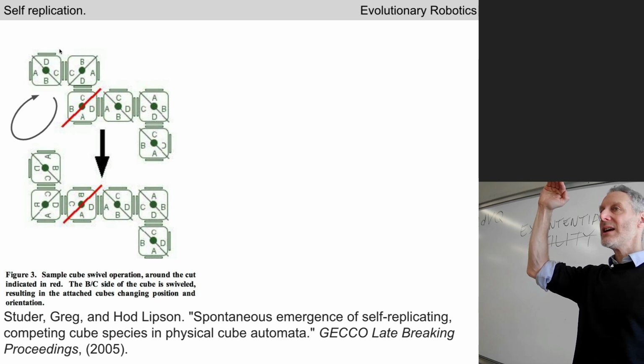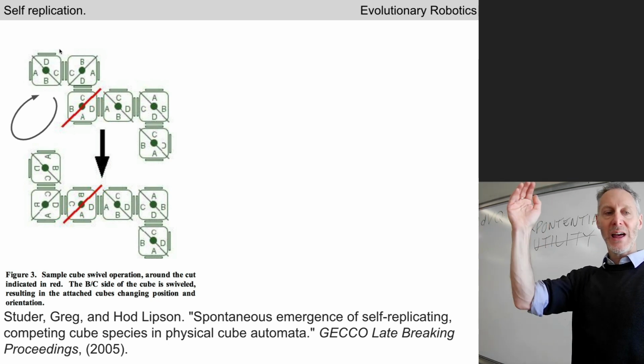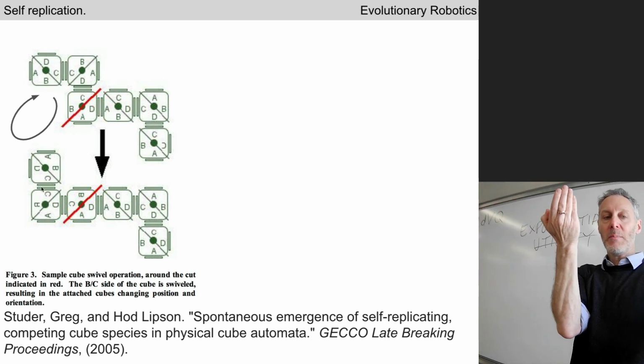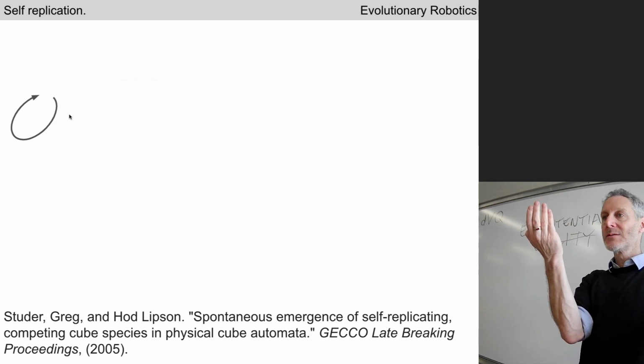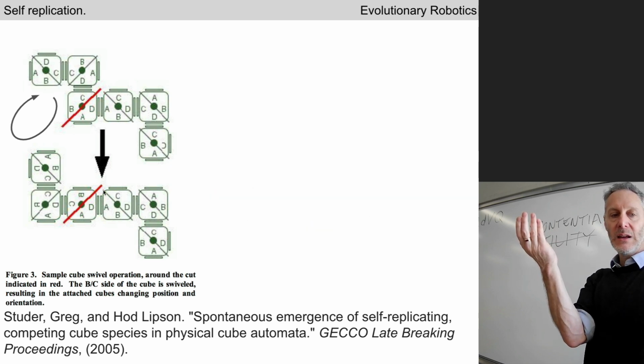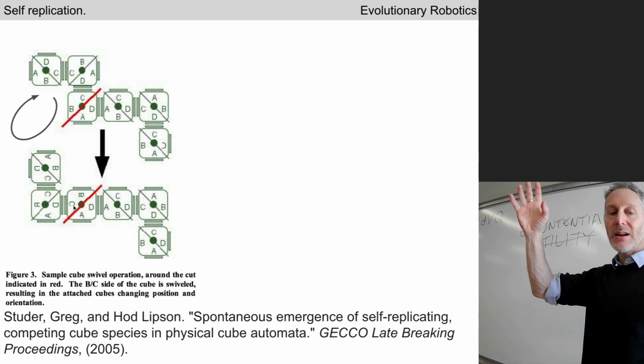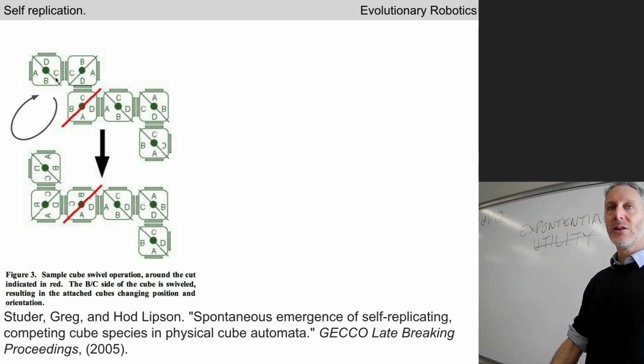It's going to rotate out of the 2-dimensional plane and then come back again and land in the plane. And you can see now B and C have swapped places. So the square has rotated, and it's rotated its little arm, the little arm that's attached to it.